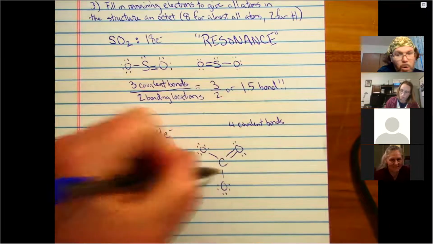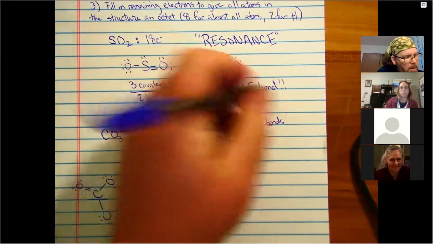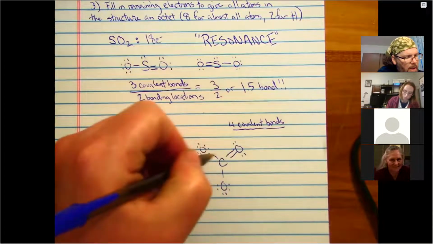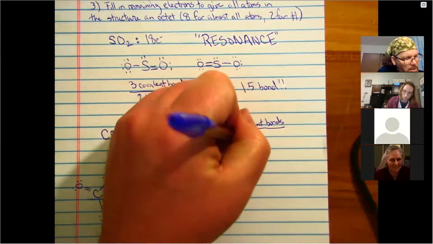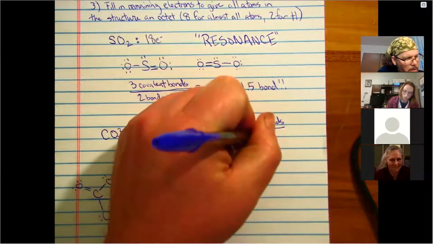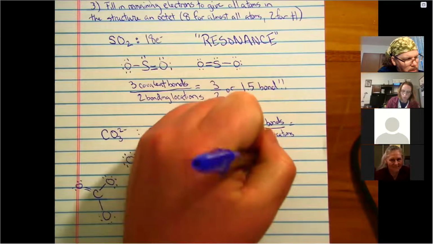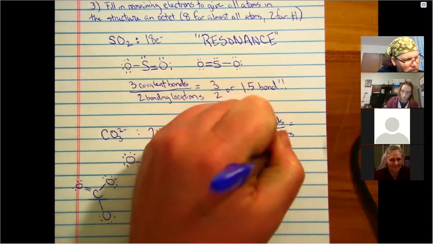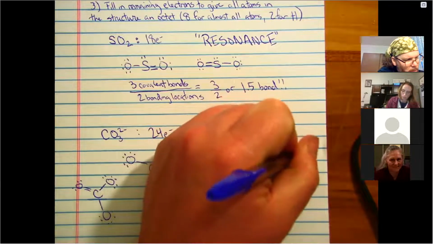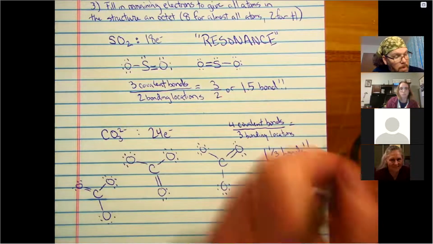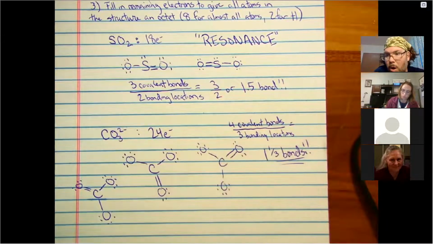So 1, 2, 3, 4 covalent bonds being shared. And they're being shared averaged over 3 bonding locations. So those carbon-oxygen bonds in carbonate are all 4/3 bonds. They are 1 1/3 bonds.